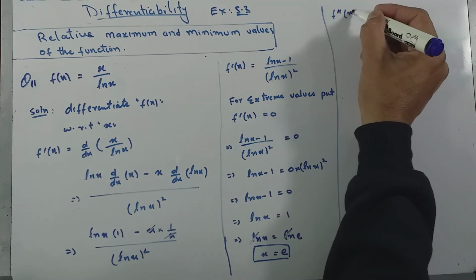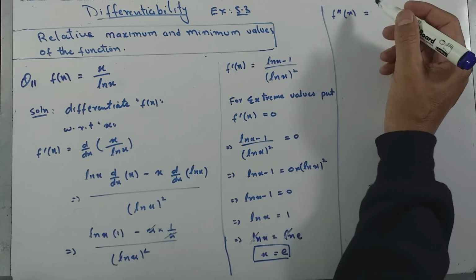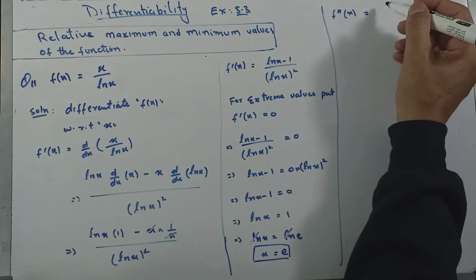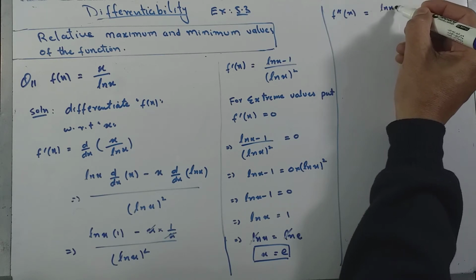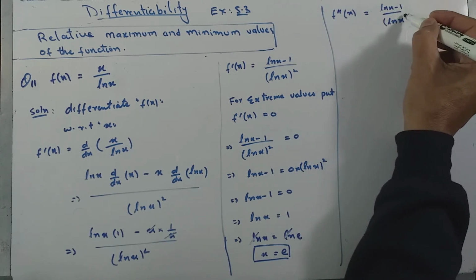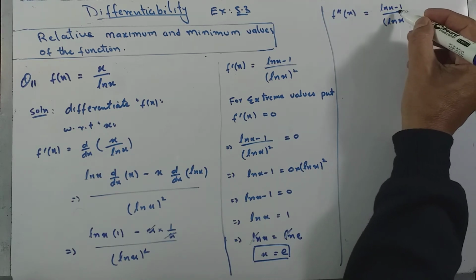The first derivative is (ln x minus 1) upon (ln x) whole square. This is the first derivative.